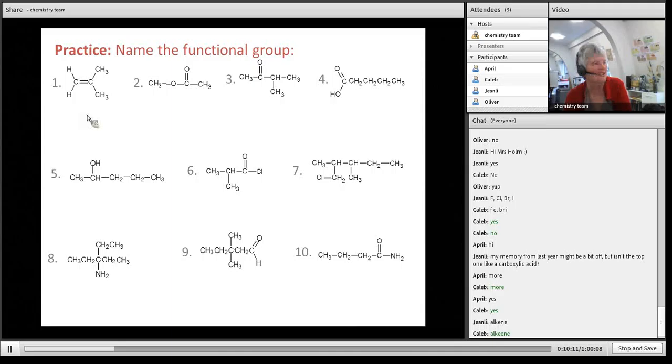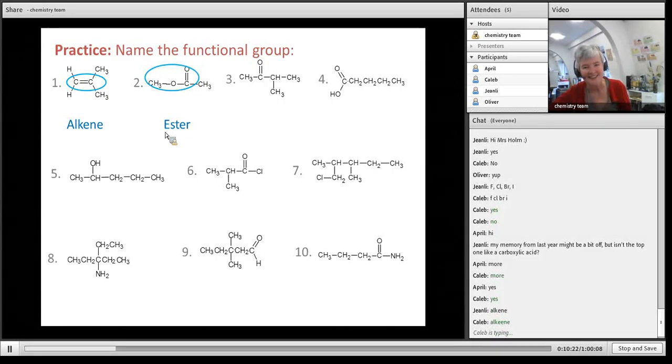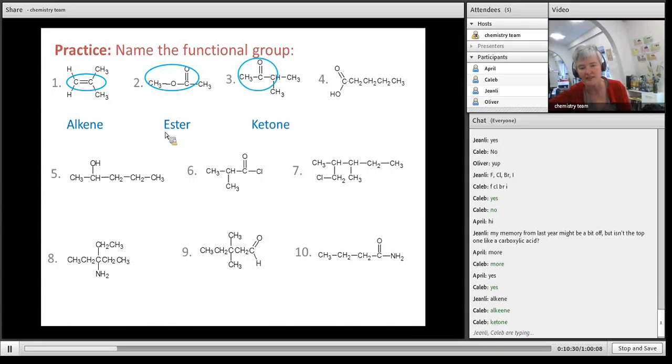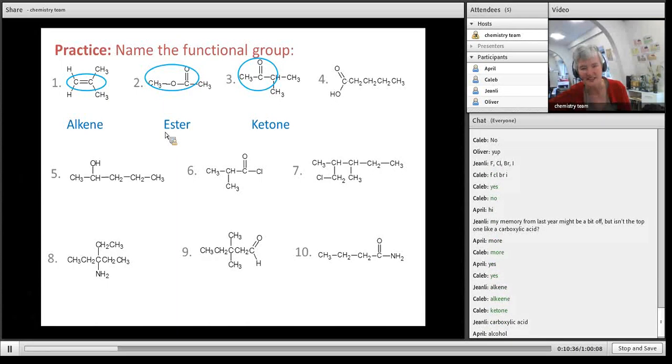Alkene, correct. Oh, sorry, I've clicked by mistake. So the second one is an ester. Okay, what about the third one? A ketone, well done. Okay, what about the fourth one? Carboxylic acid.